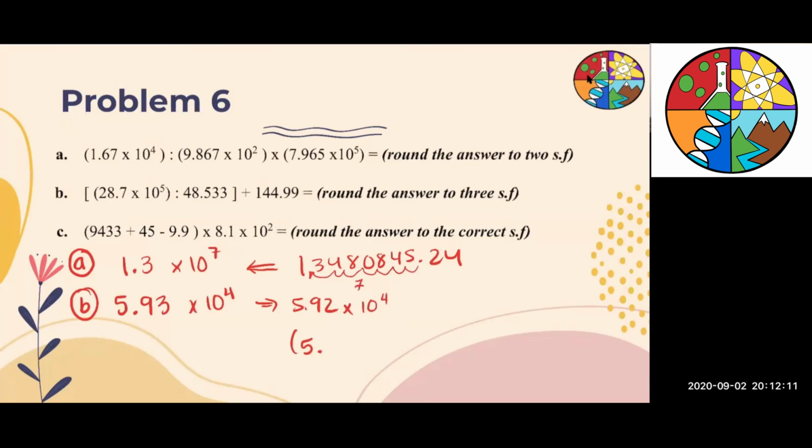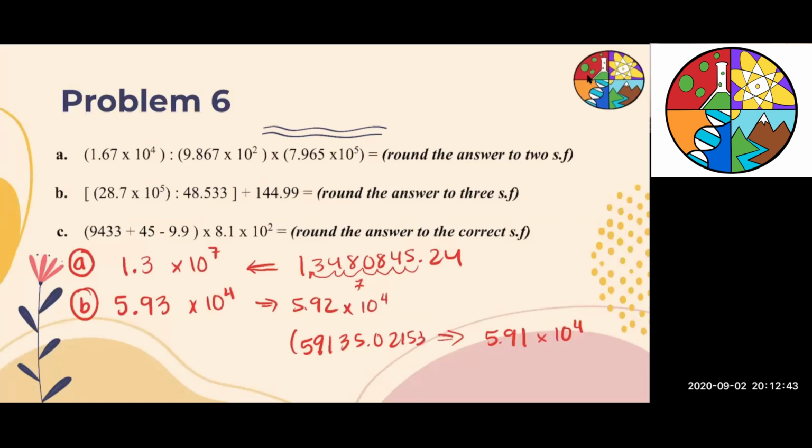I got 59280.01153. Oh, 59280. I do the multiplying. 28.7 times 10 to the 5th, divided by 48.533. I got 59135. I got the same thing as her, 59135. Yeah, so 0.02153. What that means is that the sig fig for this would be 5.91 times 10 to the 4th.